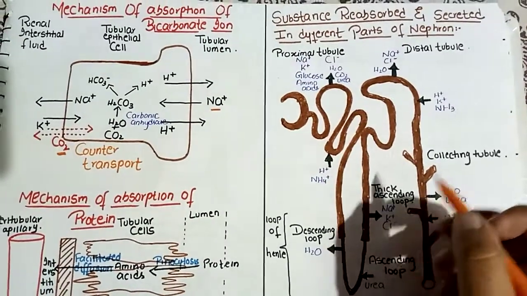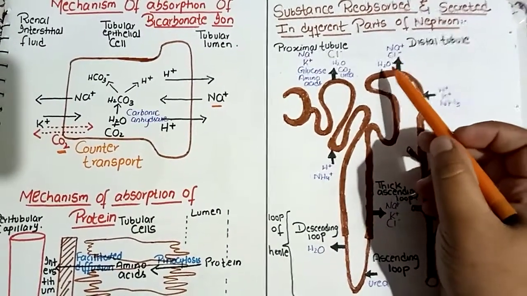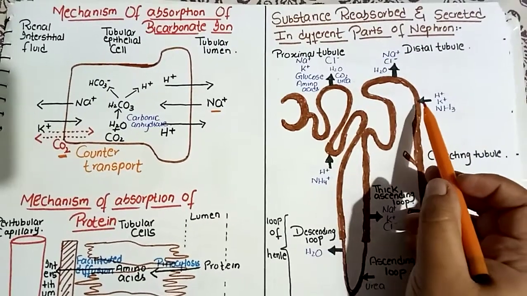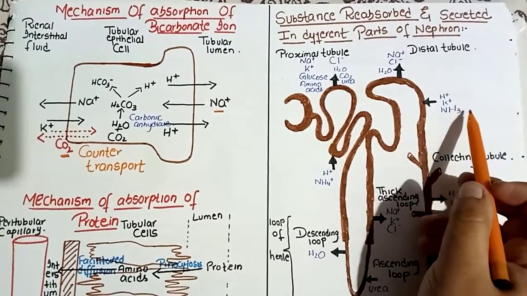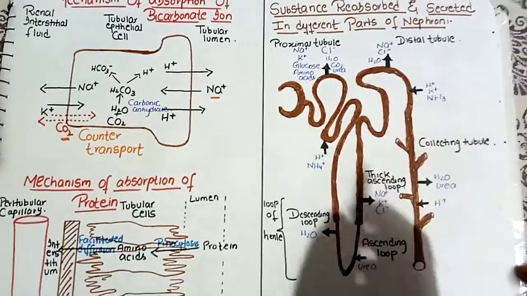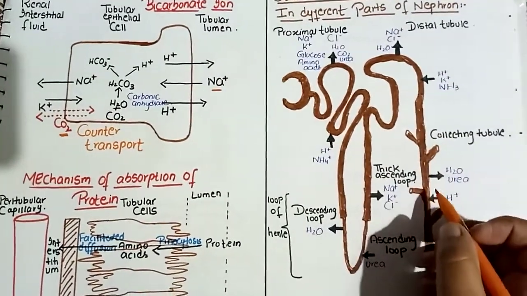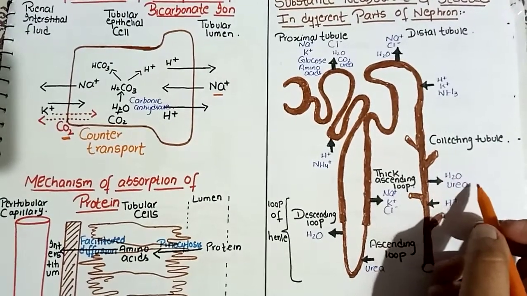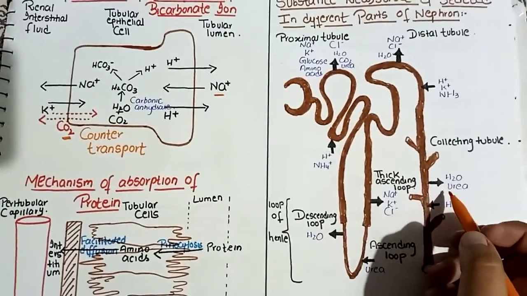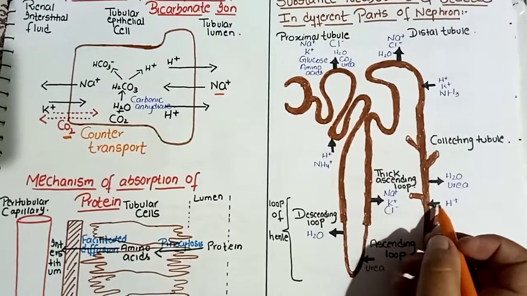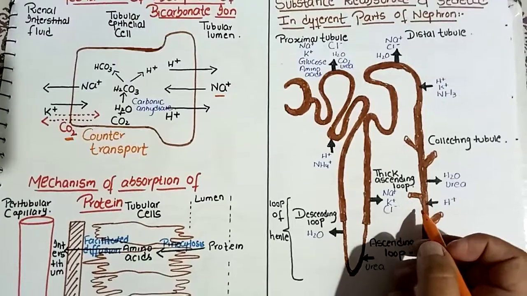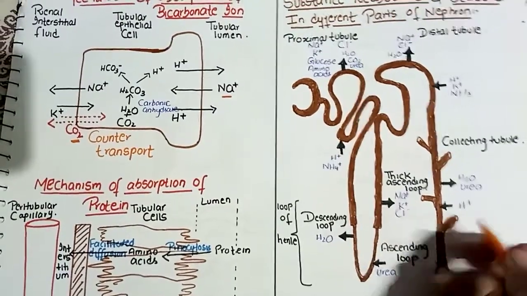In the distal tubules, the reabsorption of sodium, chloride, and water will occur, and the secretion of H ions, potassium ions, and ammonia will occur. And within the collecting tubule, the absorption of water by the action of antidiuretic hormone will occur, and the urea, and the secretion of H ion will occur to balance the acid base balance.